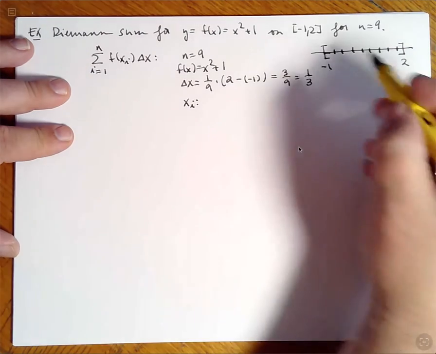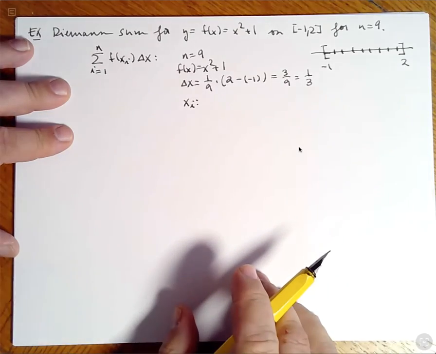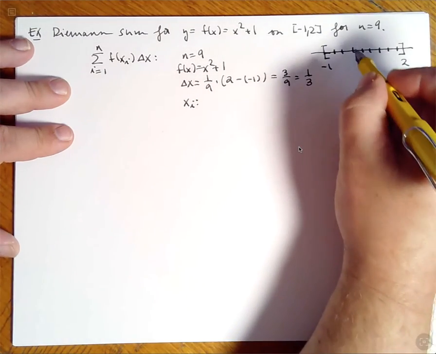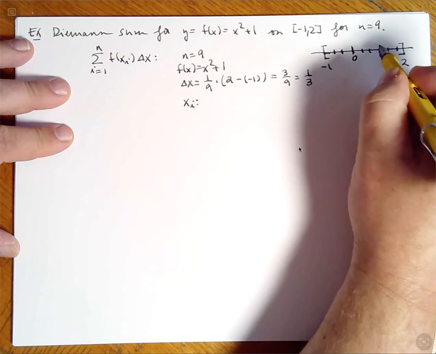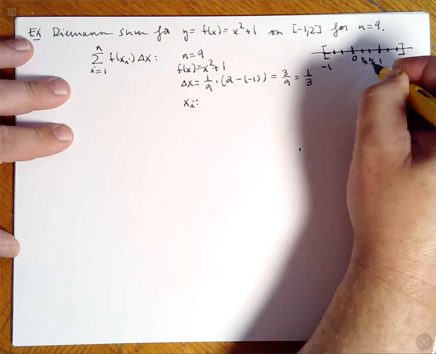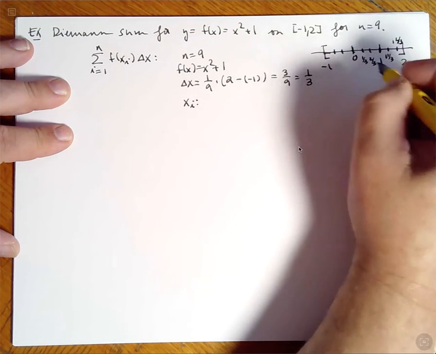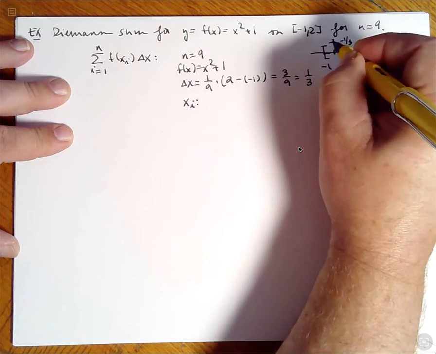So 1, 2, 3, 4, 5, 6, 7, 8, 9. Yeah, there's 9 subintervals. So I think this will be 0, and this would be 1. So this is a third, 2/3, 1 1/3, 1 2/3, minus a third, minus 2/3.